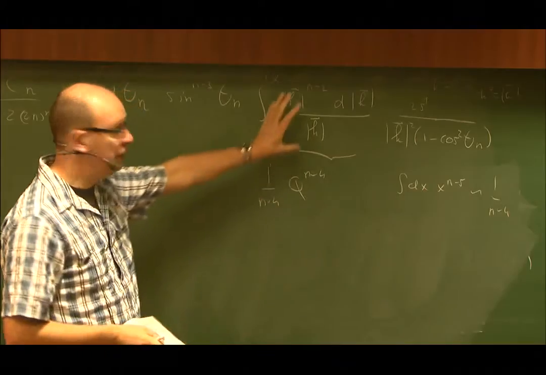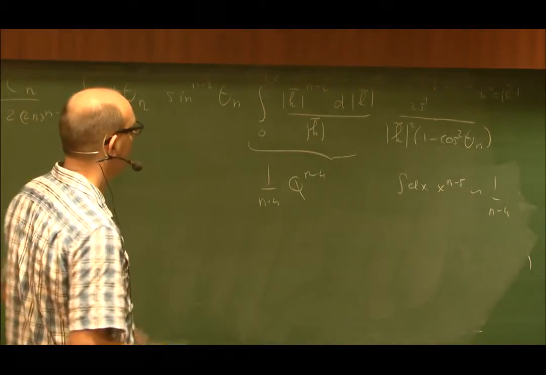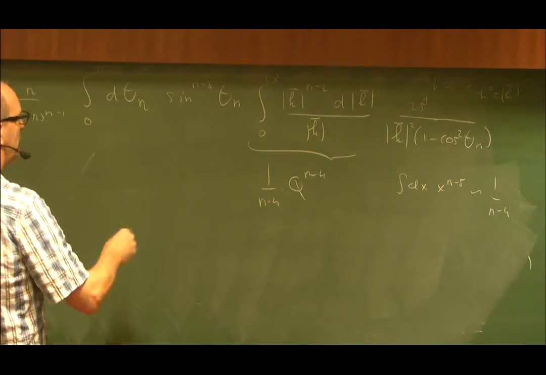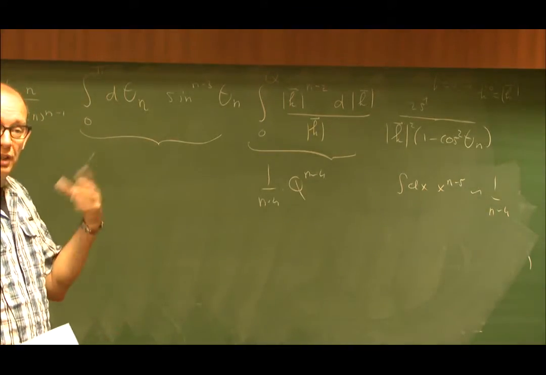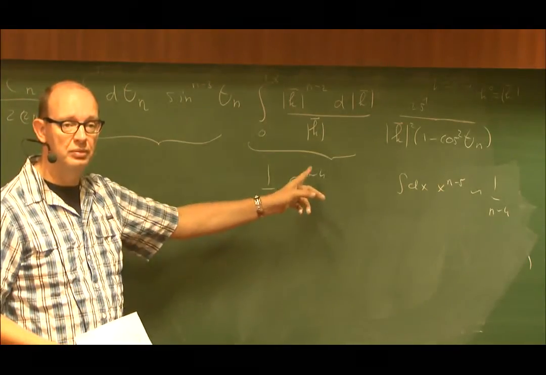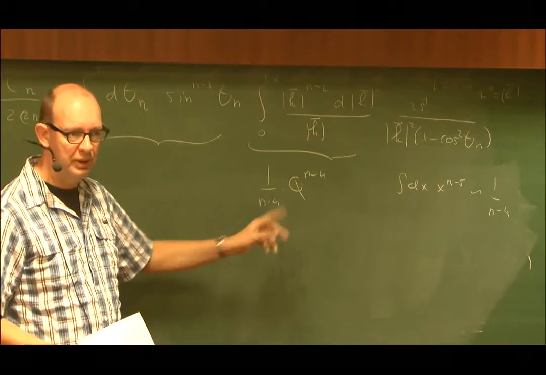So we have here the infrared divergence in phase space. And then we can do the other one too. And you notice, by the way, that dimensional regularization has regularized the infrared divergence. We did not get infinity, we got a 1 over epsilon.